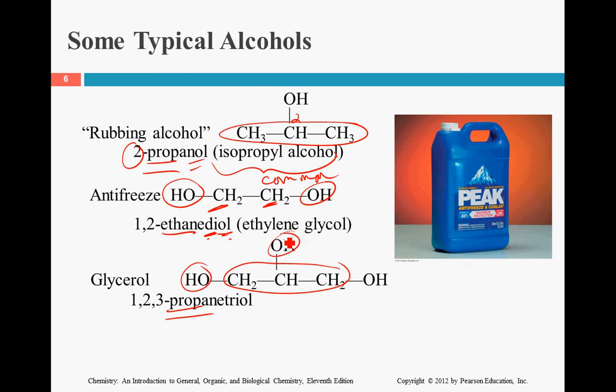It has 3 OH groups, so it's a tri-alcohol, and here's our 3. Glycerol is actually used in soaps and for cleaning because the carbon portion of the compound does really well at mixing with oils, and then the OH groups do really well with rinsing it away with water because it's attracted to the water when you're rinsing.